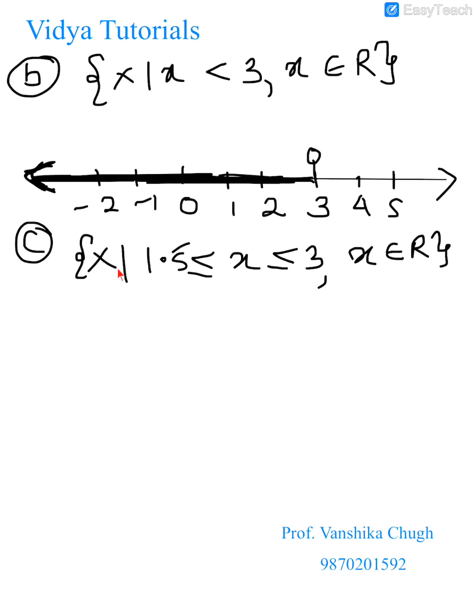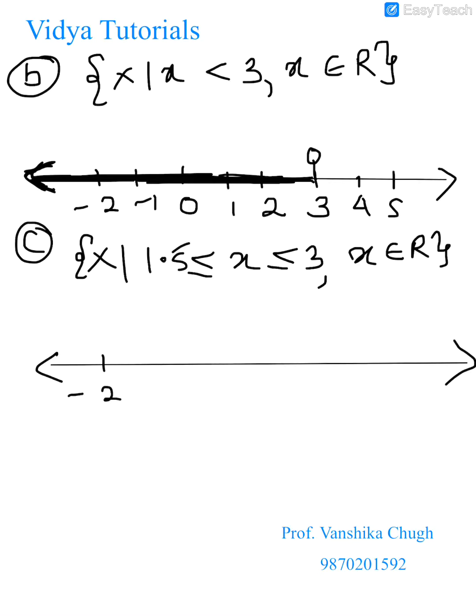Sum number C: x such that x is greater than or equal to 1.5 and x is less than or equal to 3. So both values have to be included, and x belongs to real numbers. Here I draw my number line. Now what are my values? 1.5 and 3. You generally show a little bit of negative also. Don't just show the values which are required.